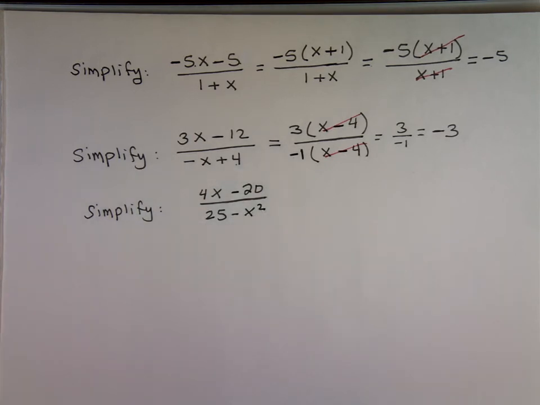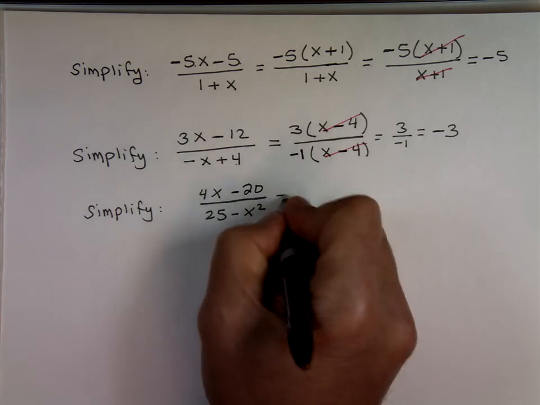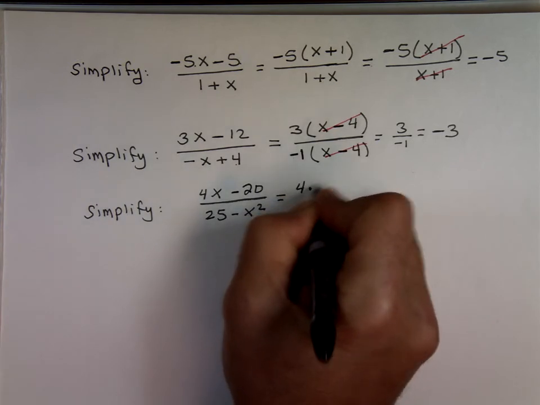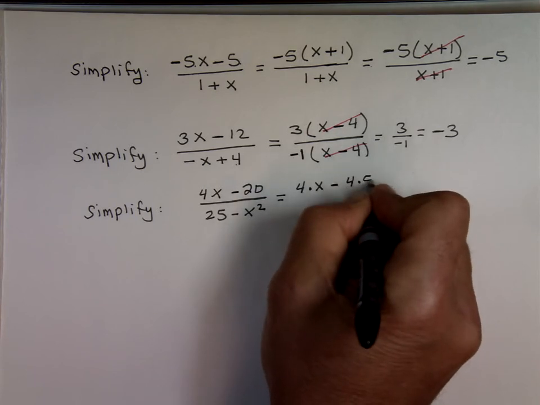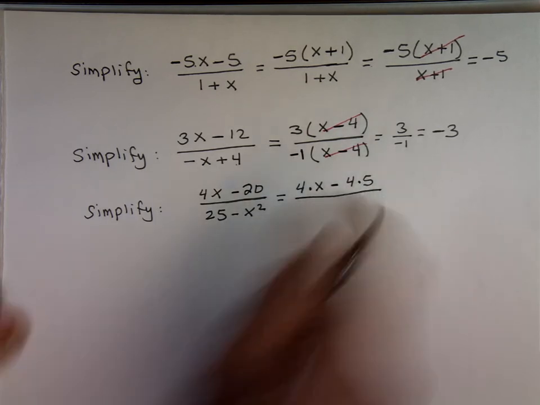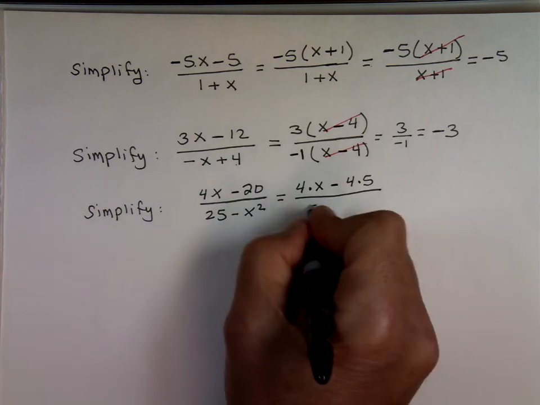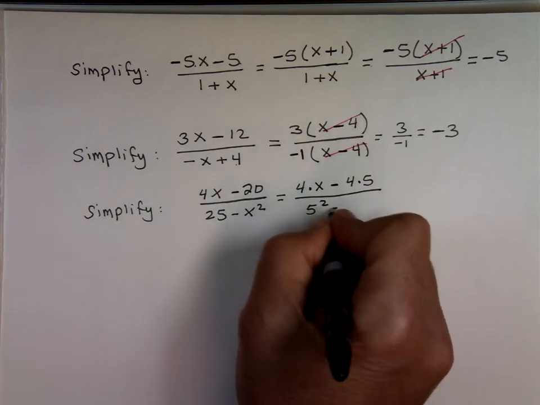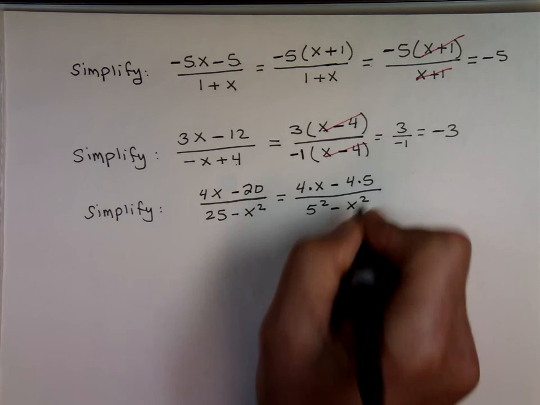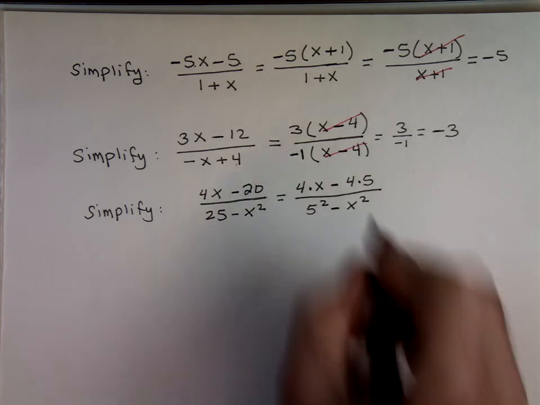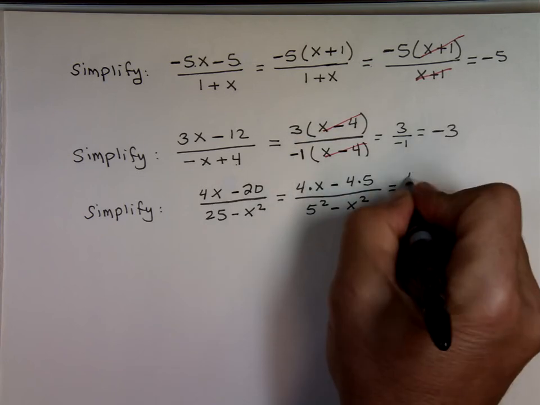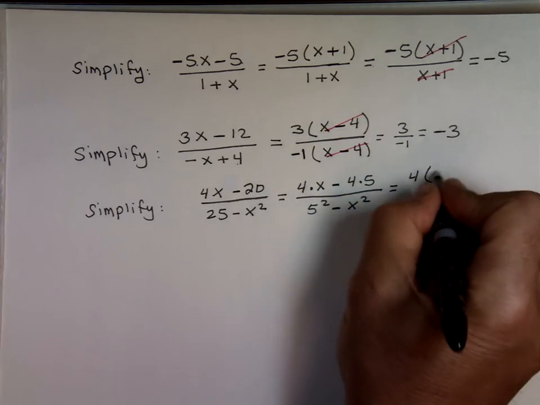Again, when I look at that, I can make that 4 times x minus the 20 is 4 times 5. 25 is actually 5 squared minus the x squared. You can see there's the 4 common factor on the top. So what's left? X minus the 5.